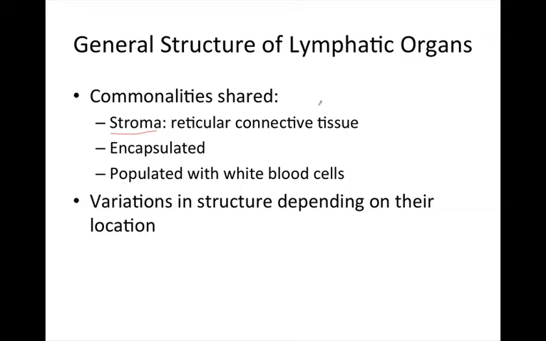Okay, and when we're thinking about these lymphoid tissues, the one thing that they all share is that their internal framework is made out of reticular connective tissue. Now, reticular connective tissue is very soft, okay? Because reticular connective tissue, this is going to sound kind of goofy, is made out of collagen fibers.